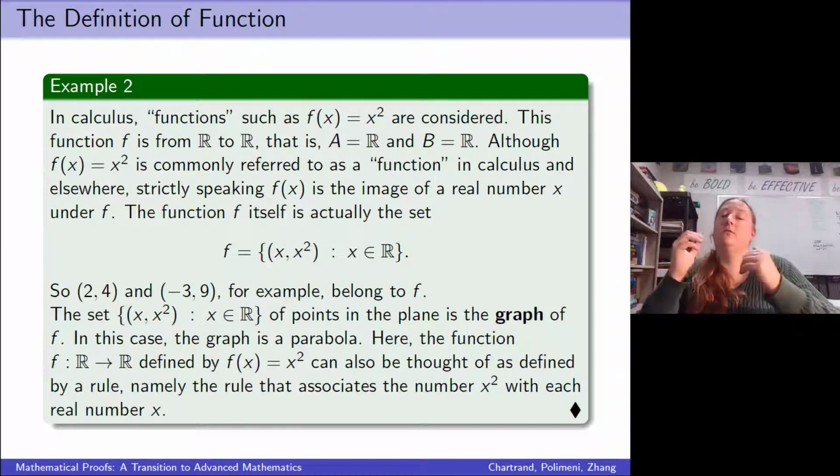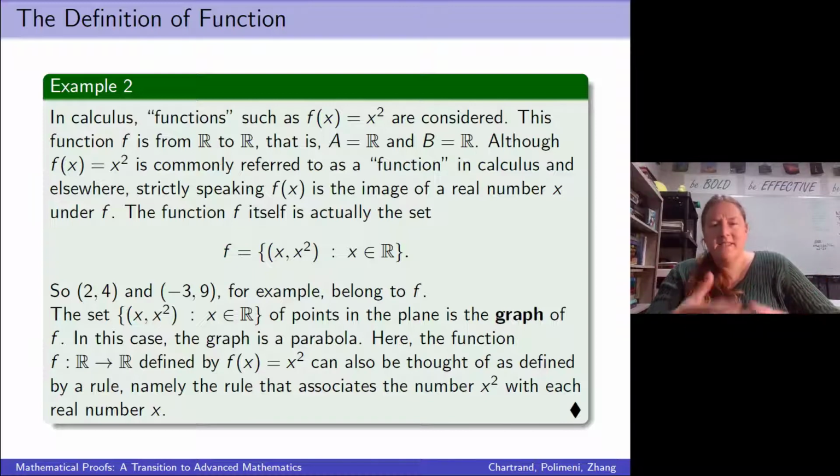Now, in calculus, you tossed around the idea of functions as being like f of x equals x squared. And we said that f of x is a function when we were talking in terms of calculus. Now, what this is, the function f is a mapping from the real numbers to the real numbers. So A and B are both the real numbers.